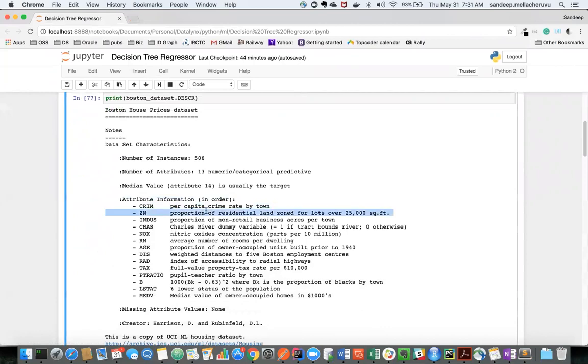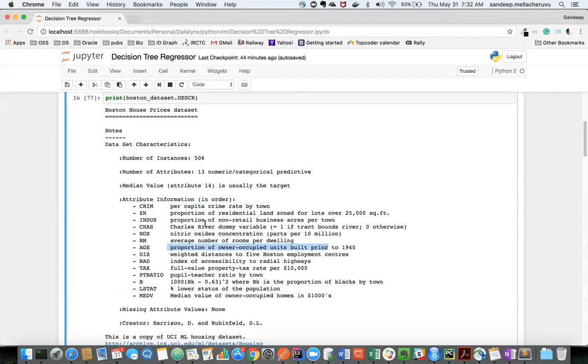Second is residential area: the proportion of residential area in that particular city. Next is non-retail business. You can see many different aspects of housing price, right? To identify the housing prices, you need to know some social aspects around the neighborhood, like crime rate, age of the other houses, all these kinds of things.